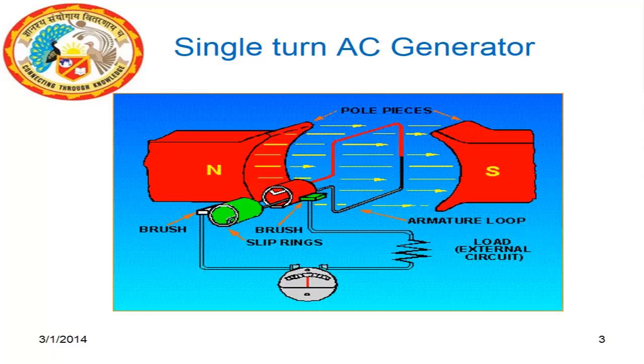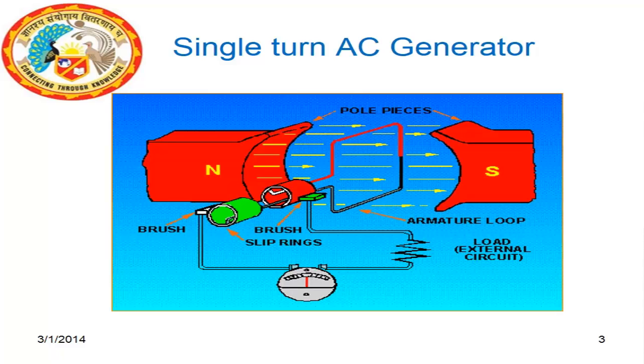So let us take a single turn coil, a single turn AC generator. North pole, south pole, and the flux is flowing from north pole to south pole. We place a single turn coil in the middle of the flux. The single turn coil ends are connected to the slip rings.